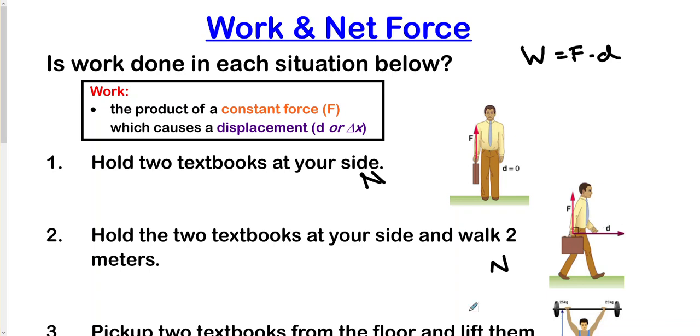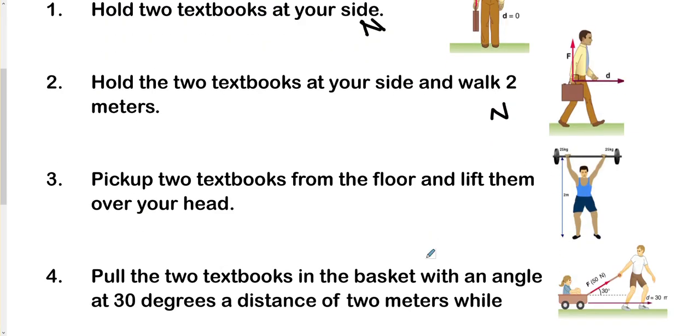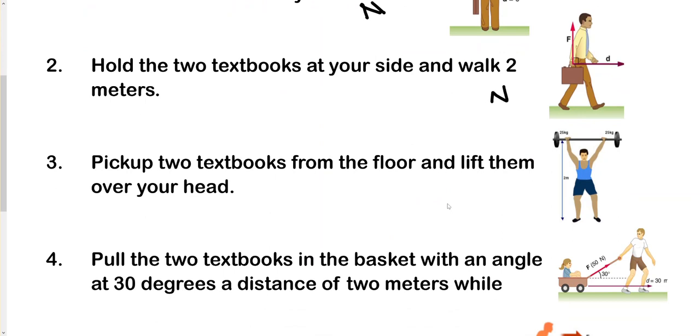scientifically. If we keep going down, you pick up 2 textbooks from the floor and lift them over your head. So now the force is what you applied, and the displacement is some 2 meters over your head. So in this case, yes, work is done because the lifting force causes the displacement.